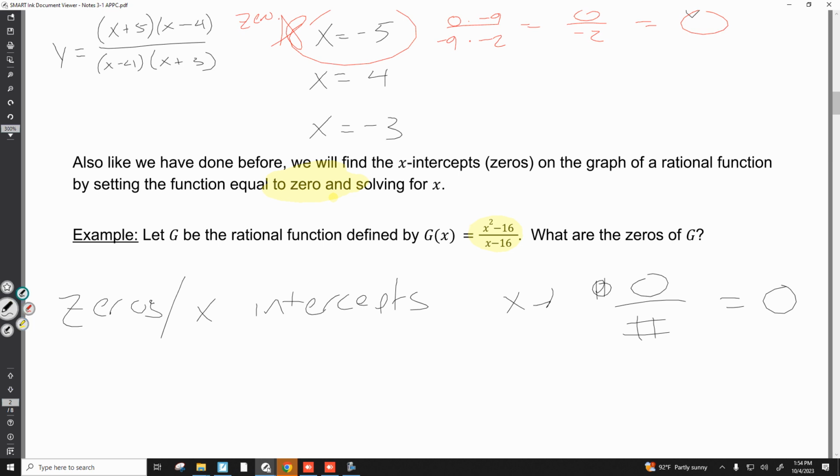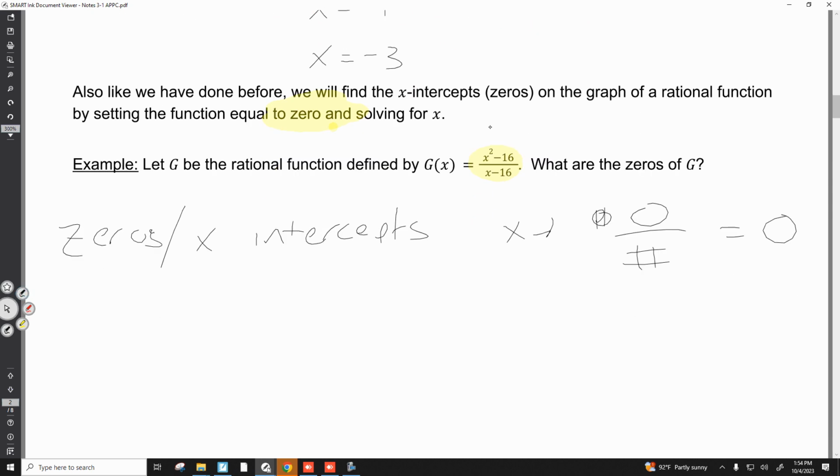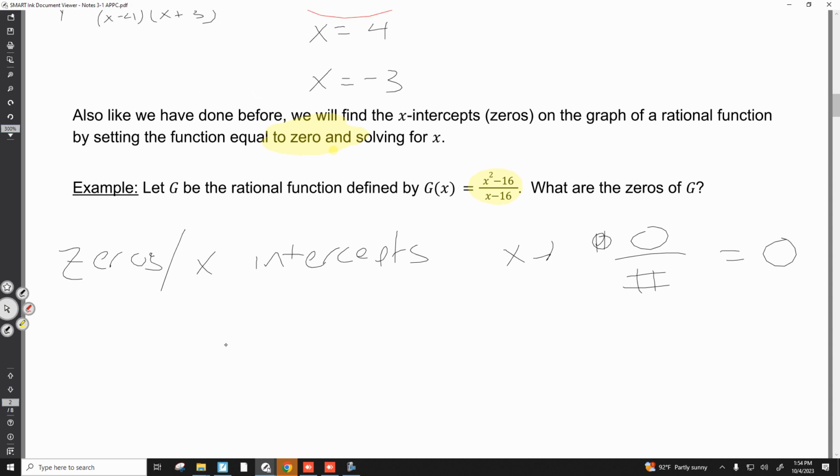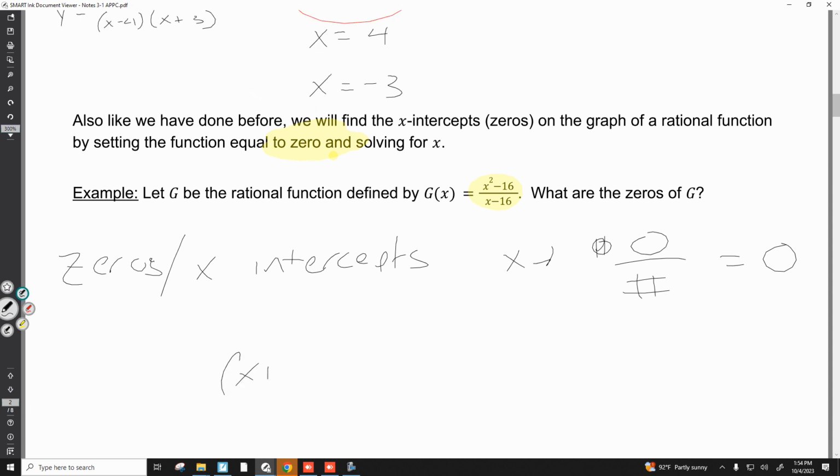Now, step 1, reminding everybody, always look to factor. You see polynomials in the numerator and the denominator, always look to factor. I'm going to factor this to be x plus 4, x minus 4. This is x minus 16. Well, I get interesting points, x equals -4, x equals 4, and x equals 16.